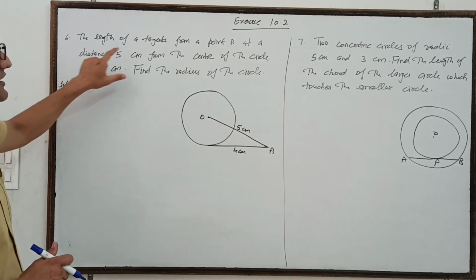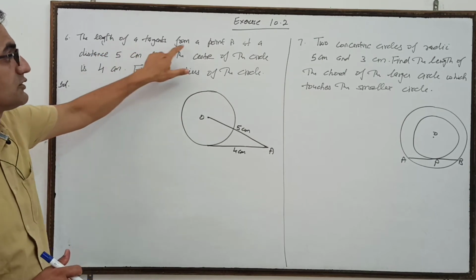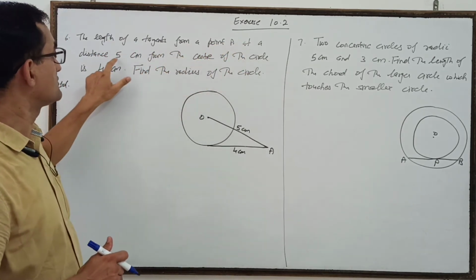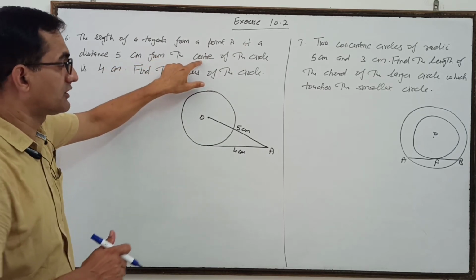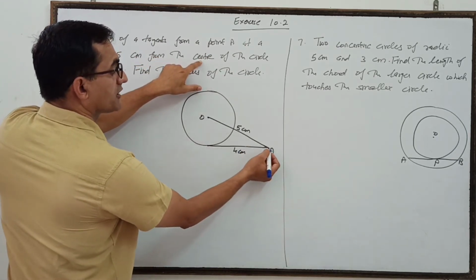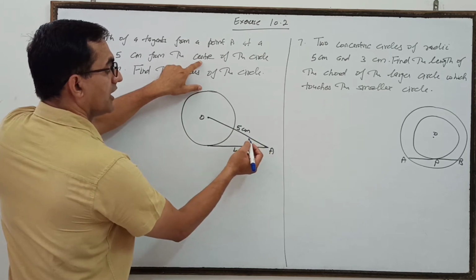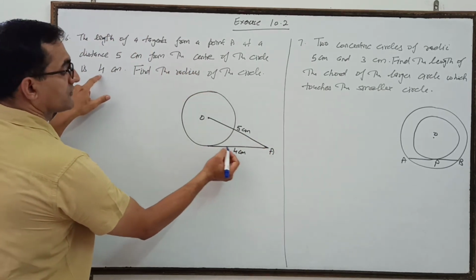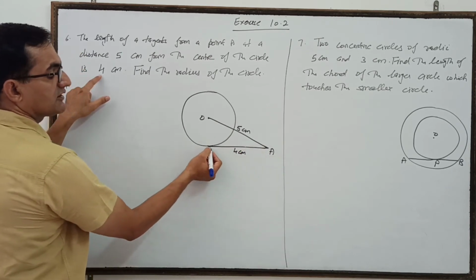Let's see the sixth question. The length of the tangent from a point A at a distance of 5 cm from the center is 4 cm. The point is 5 cm from the center, and from this point, the length of the tangent to the circle is 4 cm.